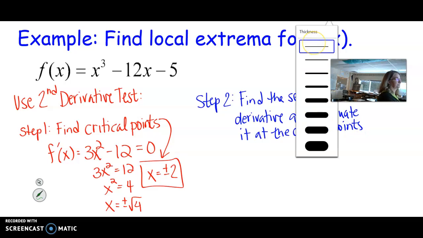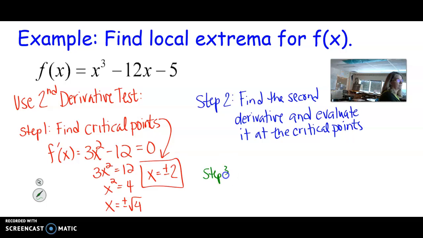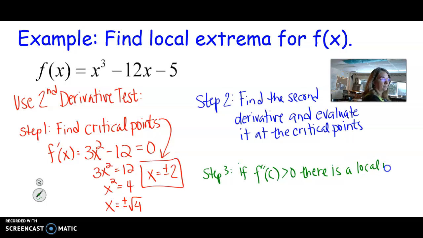And determine, step 3: if f double prime of that critical point is greater than 0, there is a local minimum, because it would be concave up. That says min at c. If the second derivative is negative for that critical point, there is a local max, because it would be concave down. You'd have like a hill, and at the top, that's where your maximum would be.